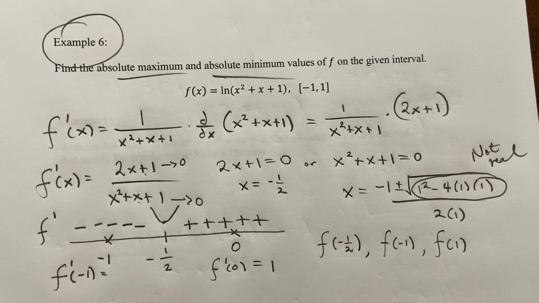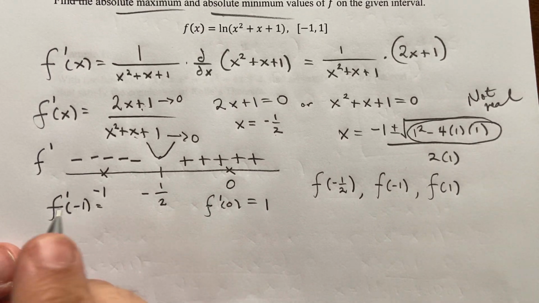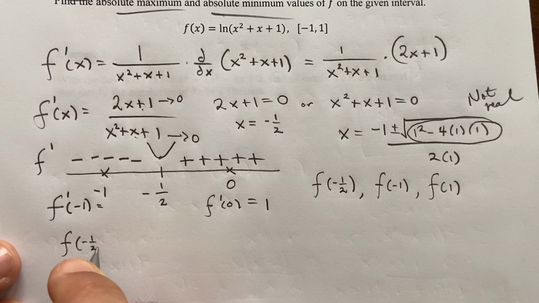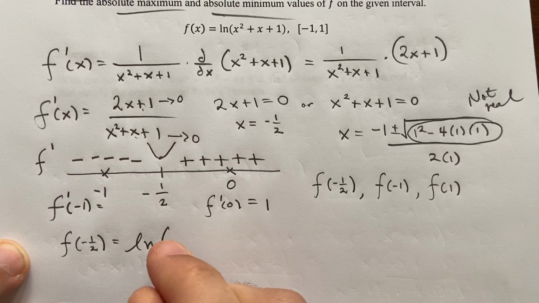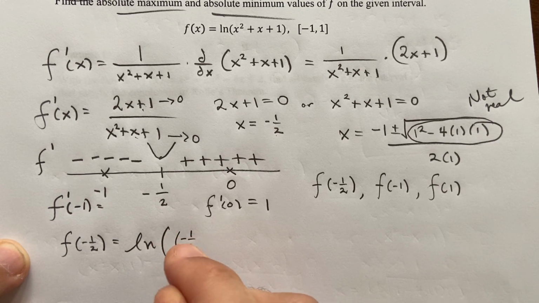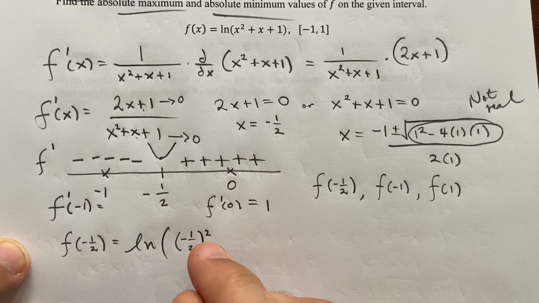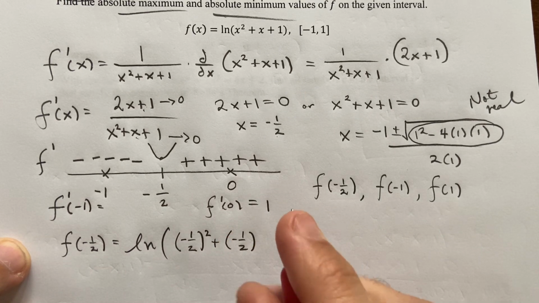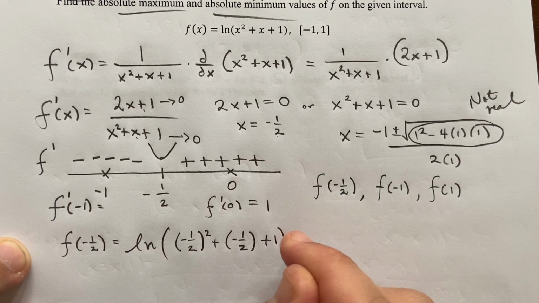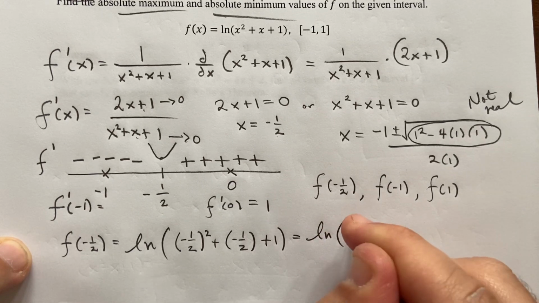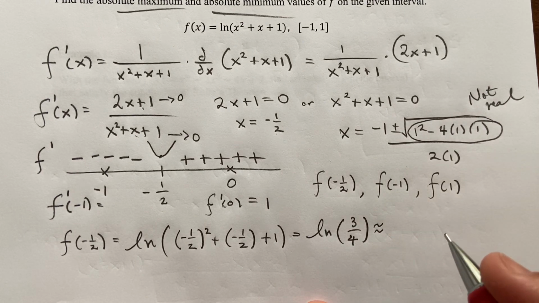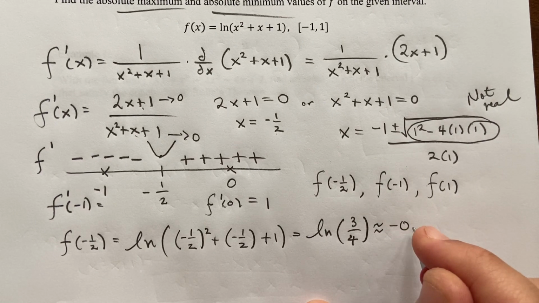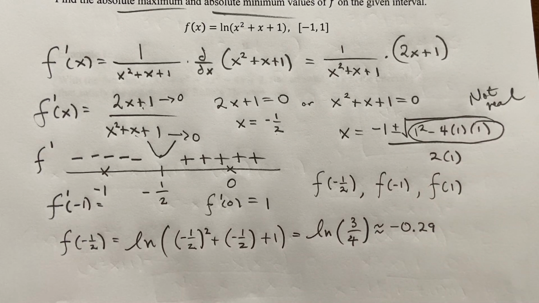So there's kind of a race now. f of negative 1/2 would be ln of negative 1/2 squared plus negative 1/2 plus 1, and that would be ln of 3/4 in exact form, but so we can compare, that would be about negative 0.29.